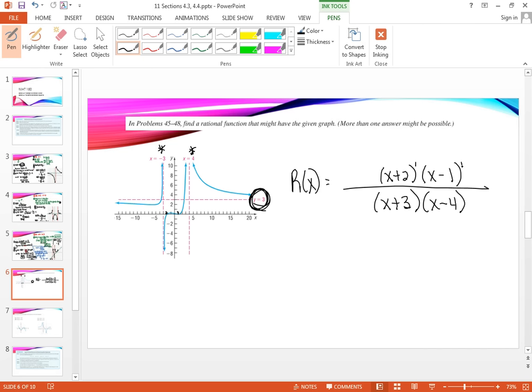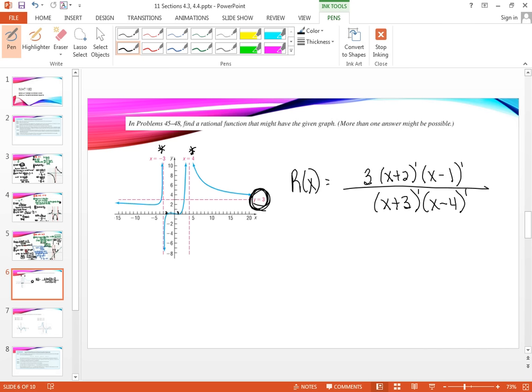I got 2 on top, I got 2 on bottom. So my leading coefficients have to do a ratio that equals 3. So I'm going to put 3 over 1. Could put 6 over 2. Anything that reduces to 3. I'm just going with 3 over 1 because that's the easiest. Okay. All right. Now let's check.